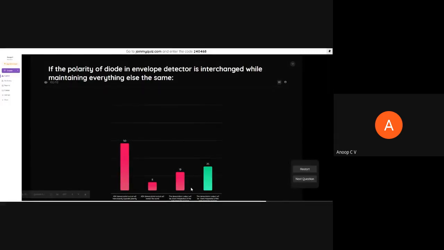The correct answer is the demodulator output will be at minus Vsat irrespective of the potentiometer value. Just imagine if the polarity of the diode is reversed, it will allow only the negative half cycle. So the capacitor will charge to negative. The non-inverting terminal will always be at negative, whereas at the inverting terminal, our reference value ranges from 0 to a maximum value, so it will always be positive or 0.